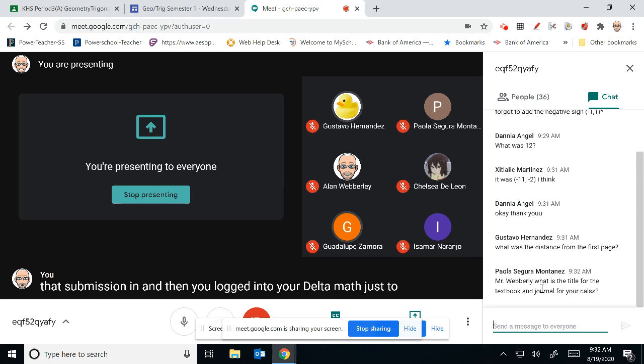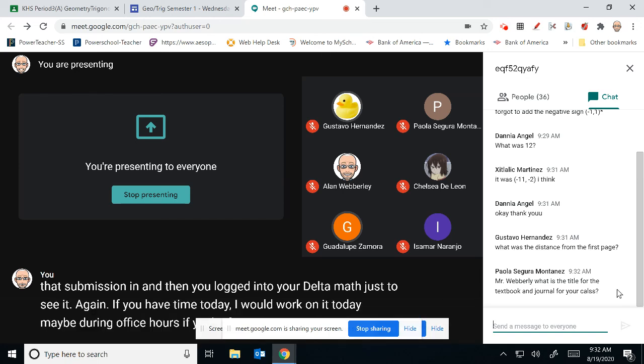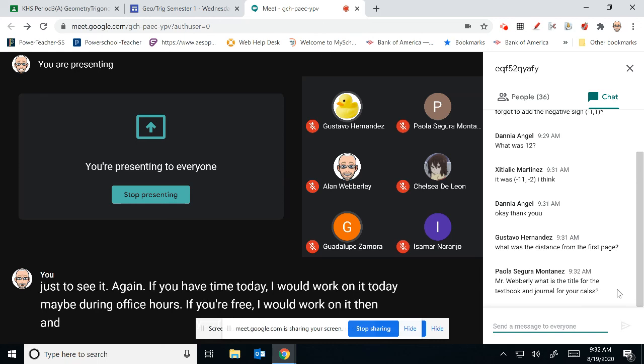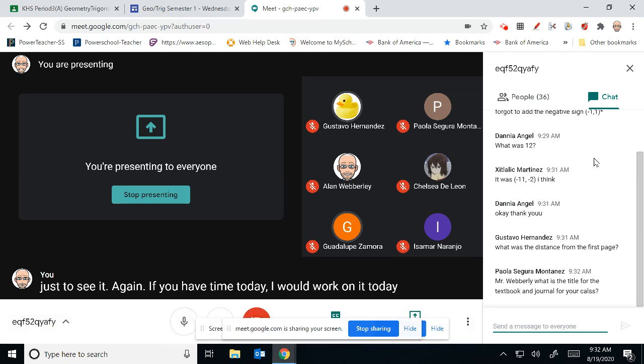Title for the textbook and journal: the textbook is Big Ideas Geometry. You don't have to get the big textbooks. And the journal you do want to get, for sure, get the journal. It's just the Geometry Student Journal. Any other last minute questions?